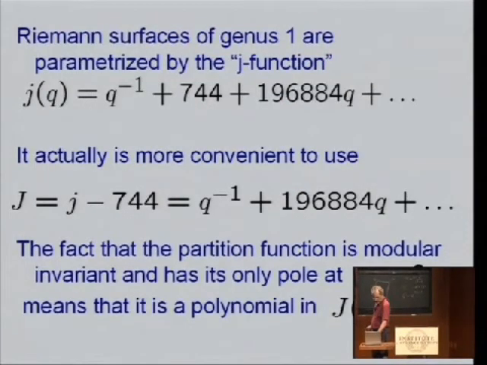But there are not supposed to be any other poles because, in general, in conformal field theory, the partition function converges as long as q isn't 0. So the only pole is at q equals 0, which means j equals infinity. So a function of j that's only infinite when j is infinite is otherwise known as a polynomial in j. So the partition function must be, with our assumptions, a polynomial in j. Our assumptions might be wrong, but they lead to the conclusion that the partition function is a polynomial in j.